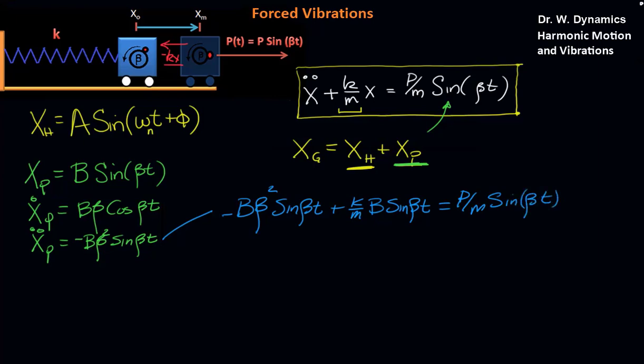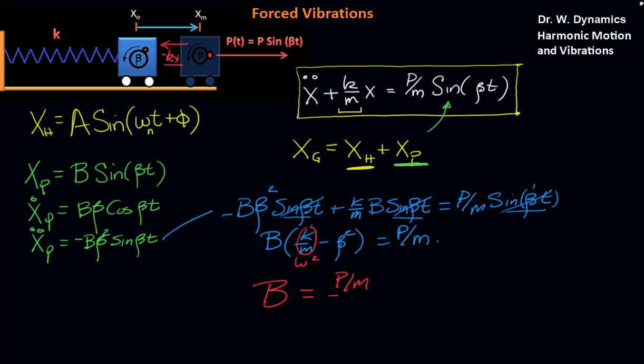So we see here that the sine would have to have the same beta, that forcing frequency inside of it, and we can divide through by that, and that'll drop out. From here we can factor out b, and we'll have k on m minus beta squared is equal to p on m, and recognize k on m to be omega squared. That'll leave us with b is equal to p on m over omega squared minus beta squared.